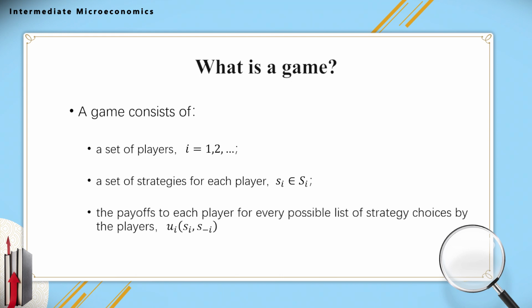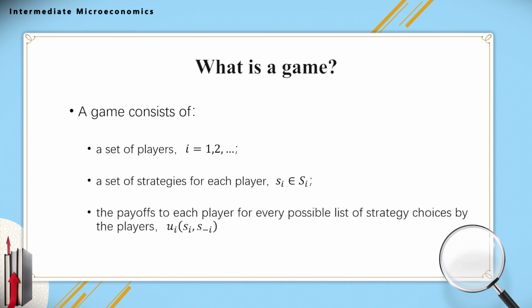The simplest version is monetary payoff, such as corporate profits, but in a more general case, payoff can also be non-monetary ones, such as prestige, emotion, risk preference, etc. We use the u_i function to describe the payoff function of player i, where s_i is the strategy chosen by player i, and s_-i is the combination of strategies chosen by all other players. In this lecture, we only discuss games between two players, which is the simplest game.